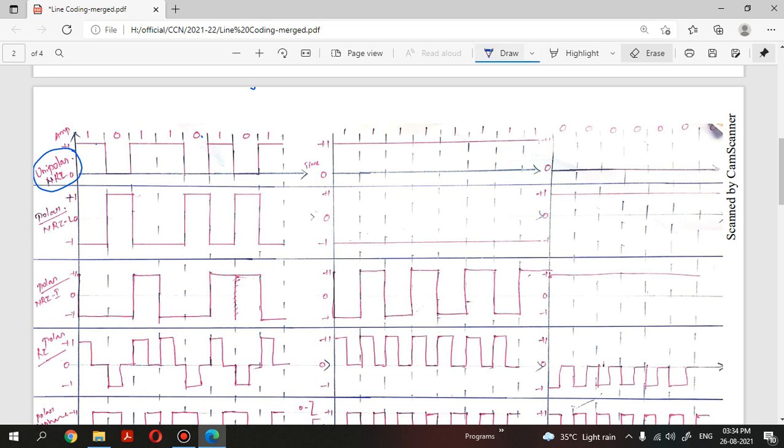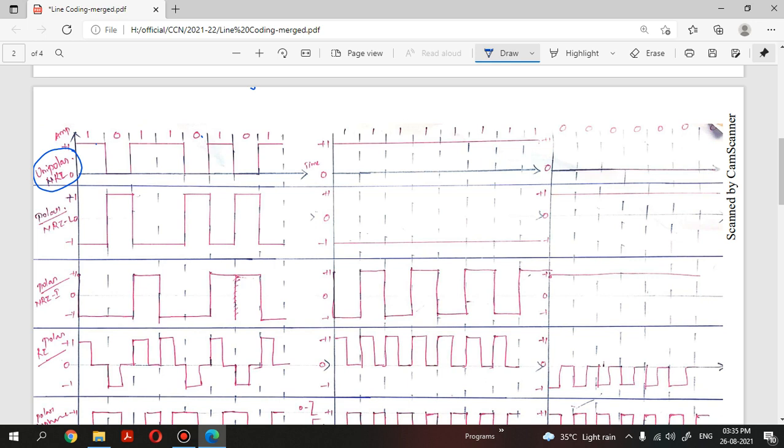Here, what you want to note down is whether this mechanism will cause baseline monitoring and DC component to occur. We already know what baseline monitoring is, when baseline monitoring will happen, and when the DC component will happen, right? We already discussed it. If I get consistent high voltage, which means if the user data has consistent ones, I need to maintain high voltage. Is it right or not?